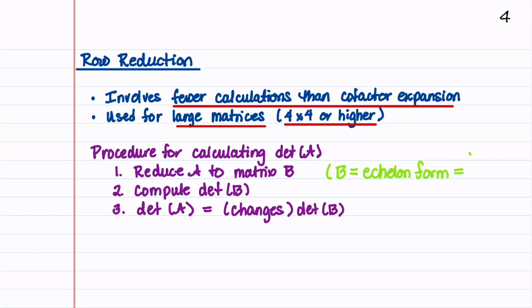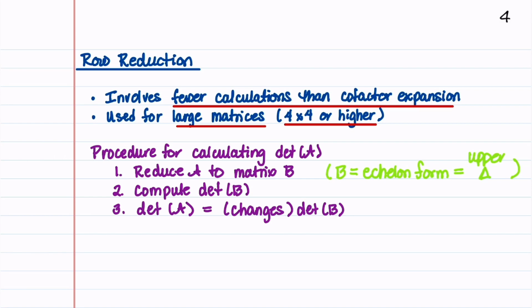which means it is an upper triangular matrix. The second step is to compute the determinant of B. The determinant of a triangular matrix is just the product of the entries along the main diagonal.